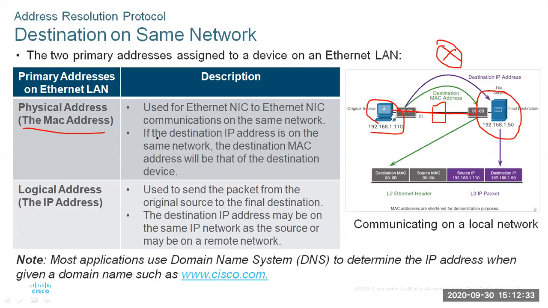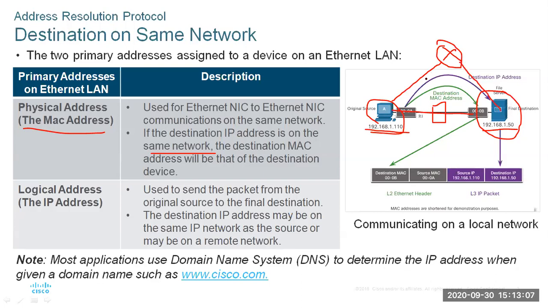So if the destination IP address is on the same network, the destination MAC address will be that of the destination device. Since 192.168.1.110 is within the same segment or network as 1.50, they are both /24. The traffic does not need to come to the router to get here.